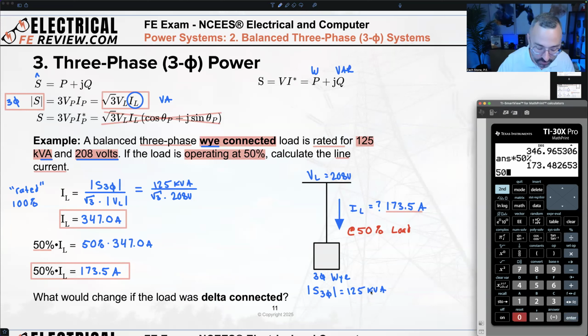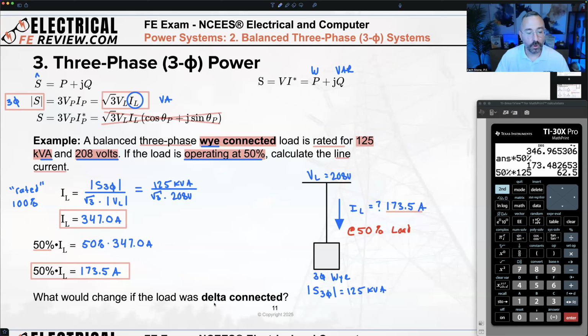I could say 50% times 125 kVA means if I'm drawing 173 and a half amps at 50%, I'm also drawing 62.5 kVA when it's operating at 50%. Otherwise, at 100% load, this machine's going to draw 347.0 amps and it's going to draw 125 kVA. The operating percentage, you multiply it directly to your line current and your power.